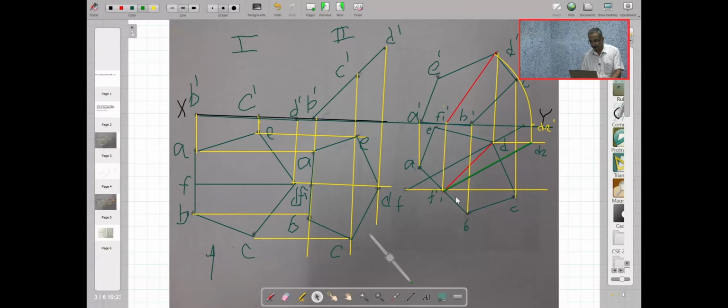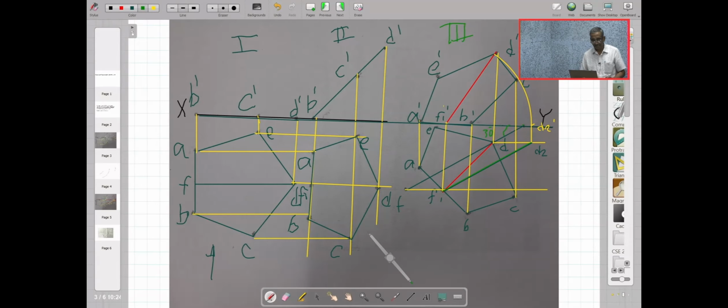Now this will be the true angle 30 degrees, and we have taken this apparent length and marked an arc here and we got this point F1 here. So this is the process by which we draw the projection of planes whenever we don't have the true length in the second stage. I hope the problem is clear to you.